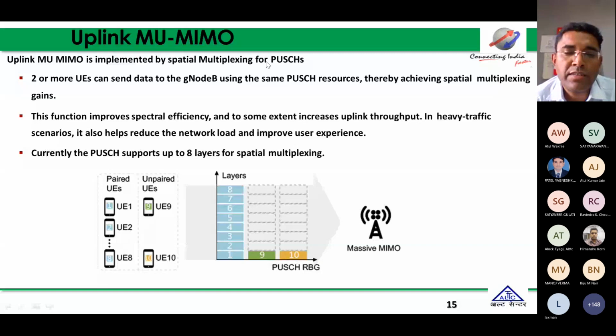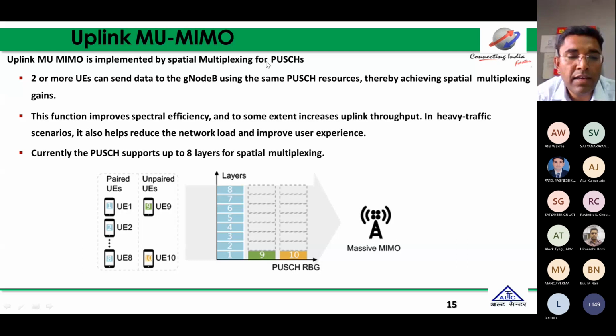It supports a maximum of 8 layers for spatial multiplexing. 8 layers for spatial multiplexing means, you can see here, the same radio time and frequency domain resource is allocated to 8 different UEs. That is paired. The gNodeB only allocates the same frequency and time domain resources to different UEs when they are paired.